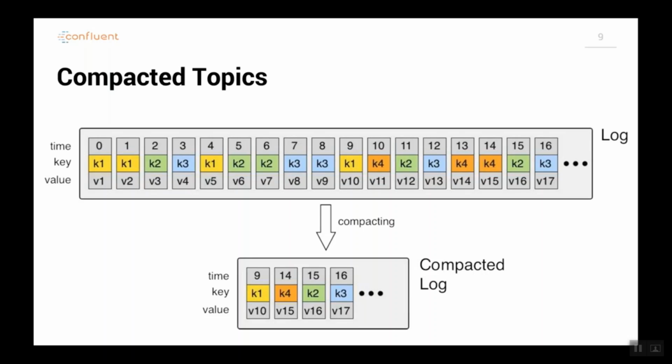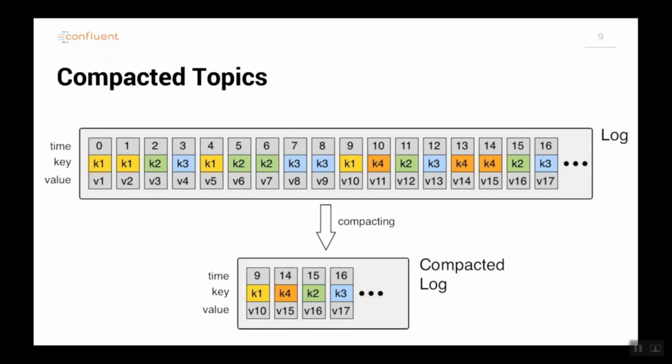So for use cases where you want to model mutable state in Kafka, compacted topics are a good choice for that kind of usage pattern. Say, for example, you want to store user profile information for your application in a Kafka topic, and users have the ability to create a profile, update their profile, delete their profile.